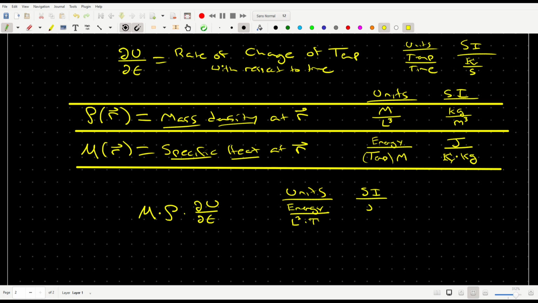Or in SI, this will be joules over meters cubed times seconds.